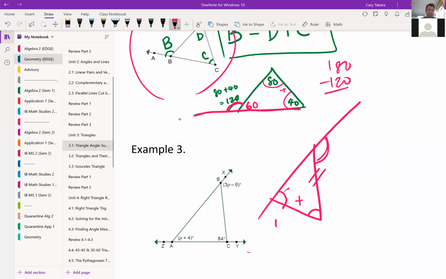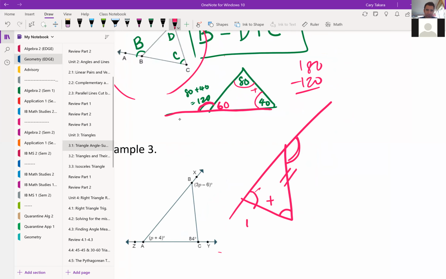Does that make sense? In other words, P plus 4 plus 84, that combined together is going to be equal to the exterior angle 3P minus 6. Why don't you try to solve that for P? What do you guys get?